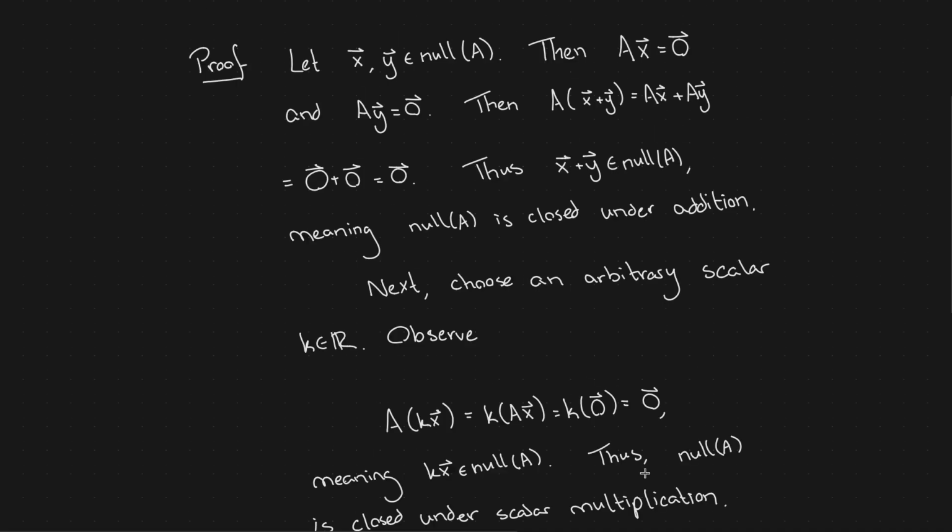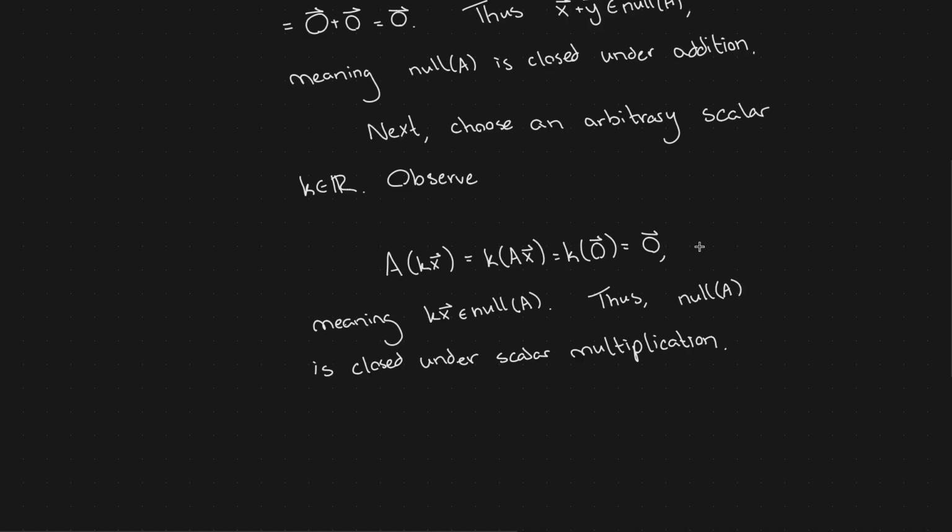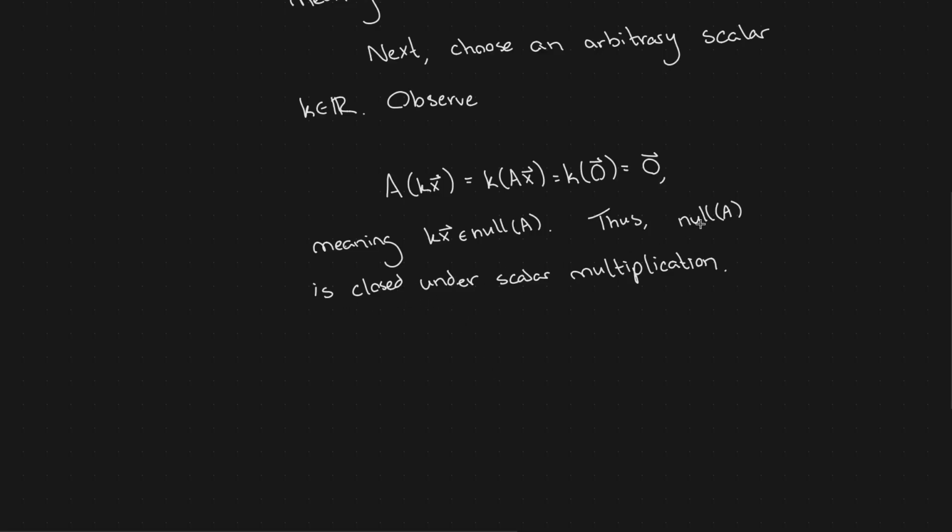And because the null space of A is closed under addition and also closed under scalar multiplication, that means it's a subspace of Rn. Those are the two conditions I need to check.